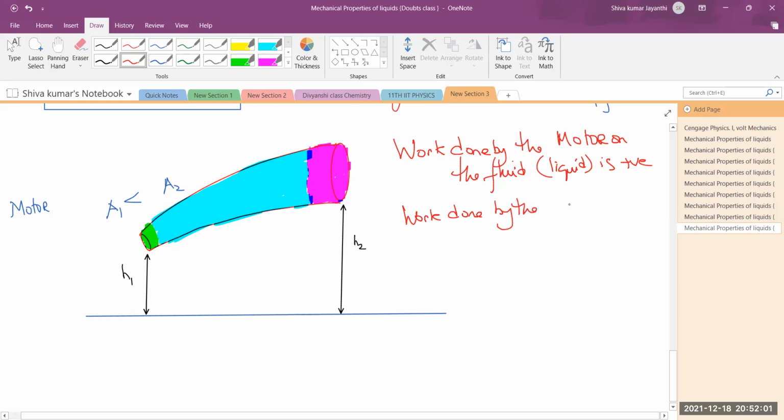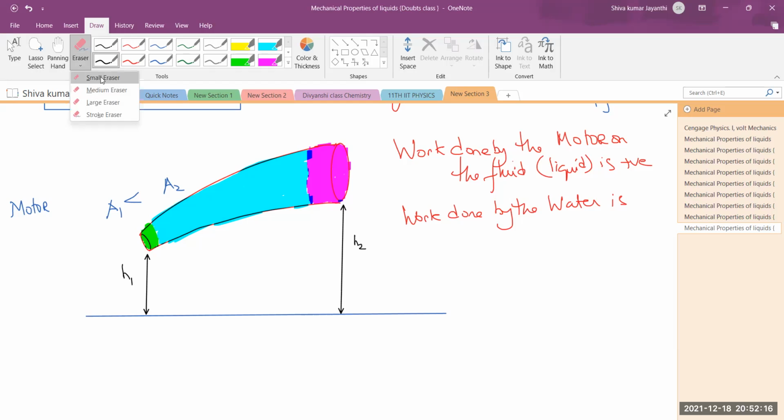Similarly, vice versa, work done by the water is negative. In physics we call all of this the system. Work done on the system is positive, and work done by the system is negative. That's the basic convention you should understand.